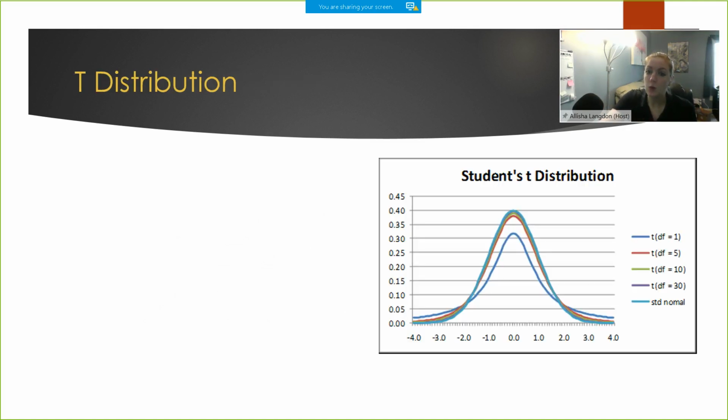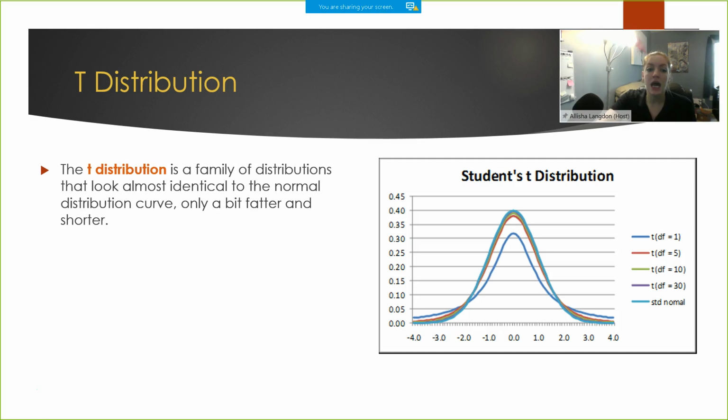Now, we're going to work with and introduce the t distribution. So we've got a new variable here called t. Notice that the t distribution has that bell-shaped curve where it's even and symmetrical. You've got the mean in the middle and your standard deviation on both sides. The only thing that's different about the t distribution is that how tall or how short it is simply depends on your sample size.